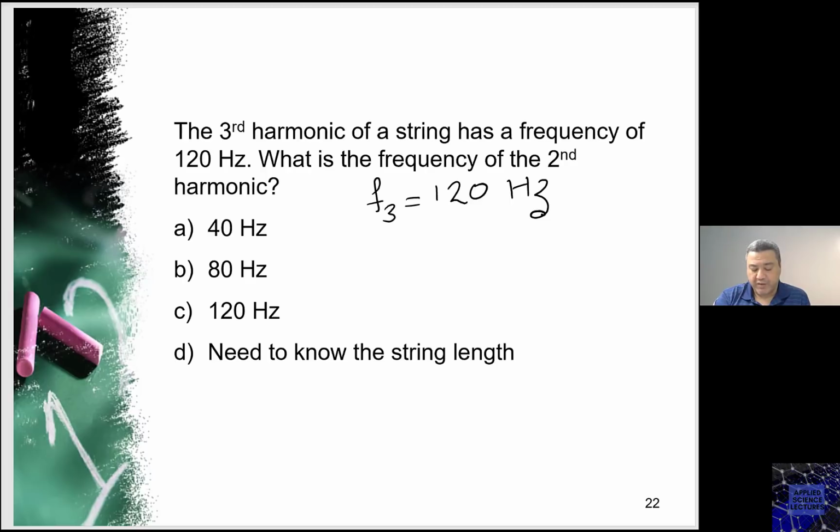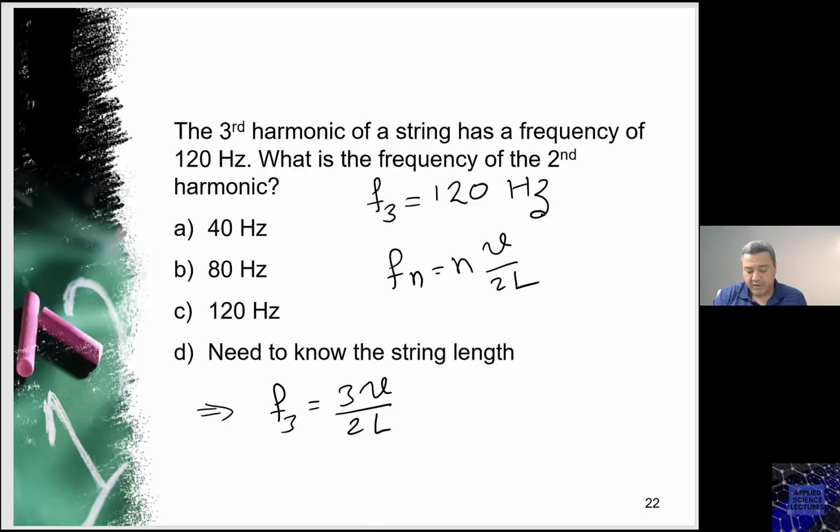If I go back to my expression, Fn equals N V over 2L. So F3 equals 3V over 2L, and this is 120 hertz.